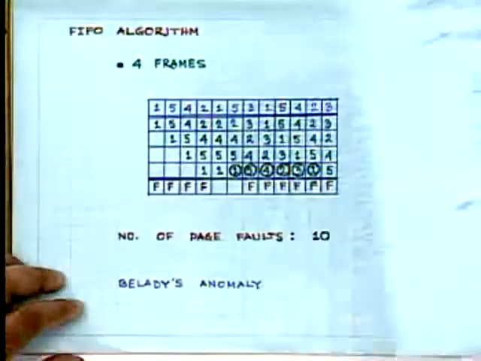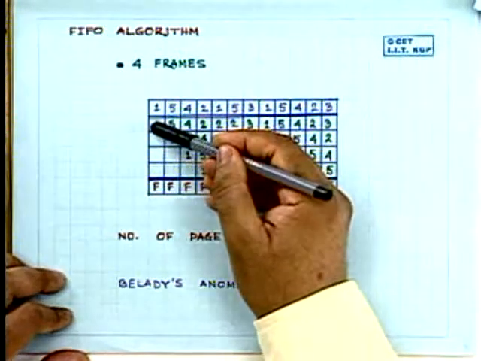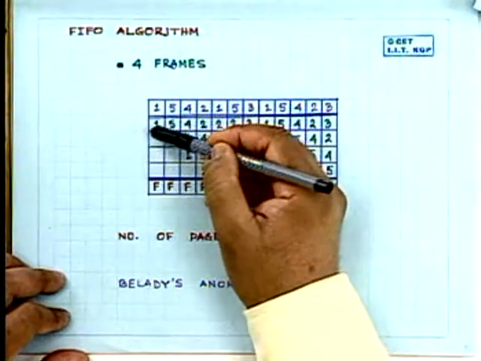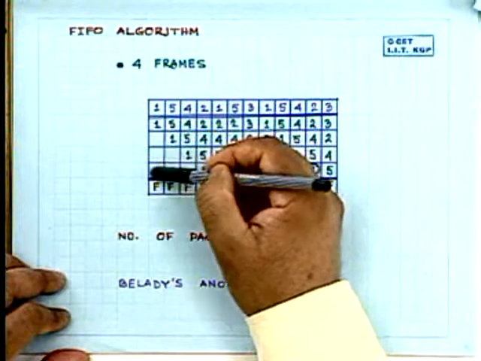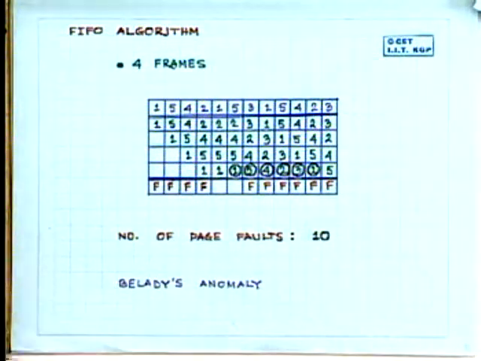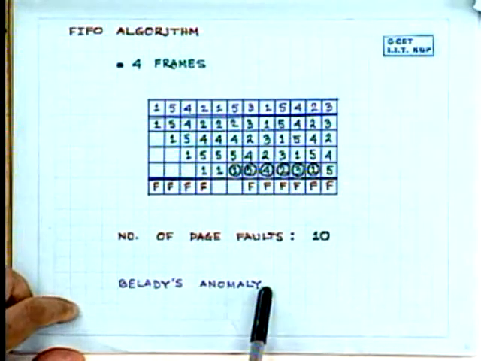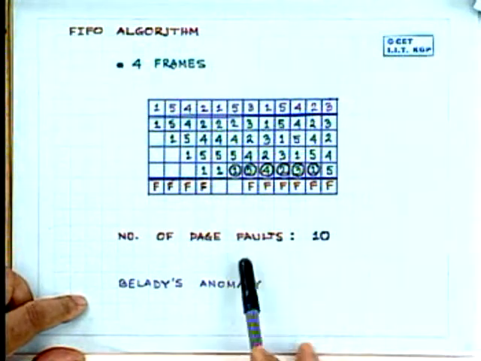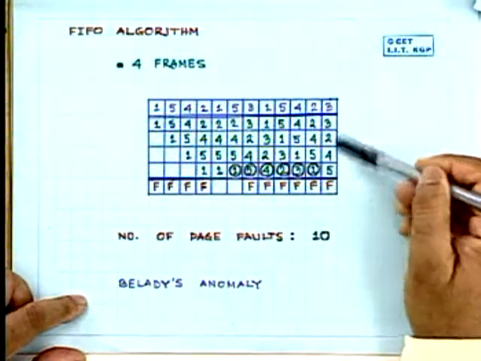For the same reference string with 3 frames allocated, that means smaller memory, we have 9 page faults, and for a higher number of frames, a larger physical memory allocated, the number of page faults increases. This is called, in the case of the FIFO algorithm, Belady's anomaly, after the person who first noticed it and reported it.